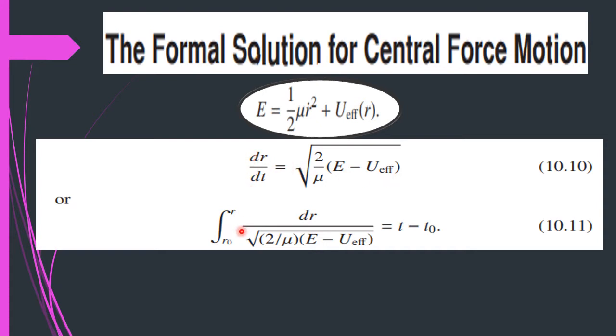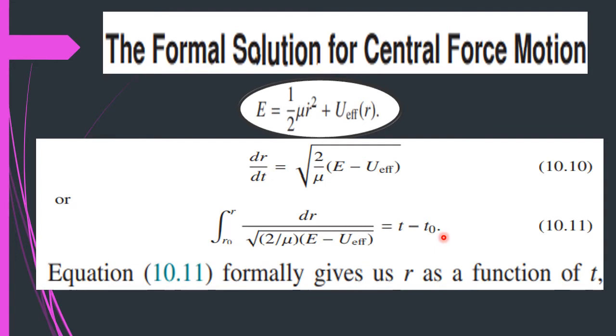On separating the variables r and t on the two sides, we can write the integral from r0 to r of dr by root of 2 by mu (E minus U effective) equal to the integral of dt, which is t minus 0. So this equation gives the variation of r as a function of time. The variation of r with t is represented in this equation as the solution.